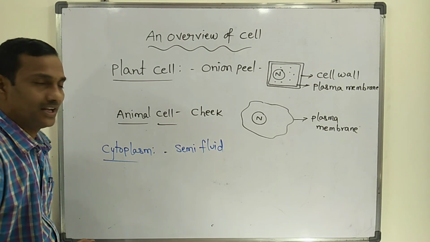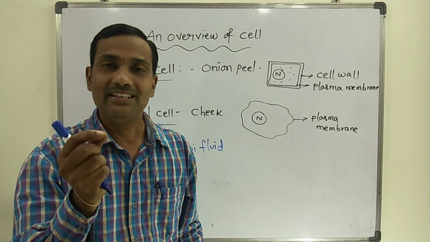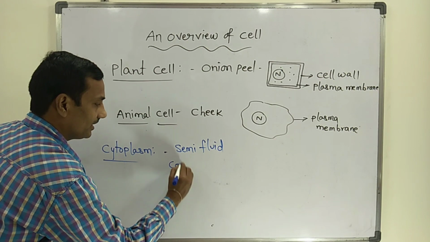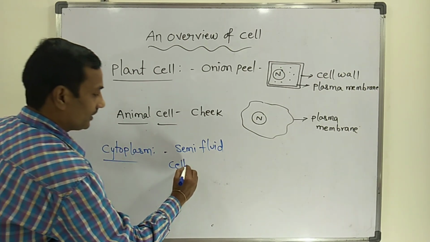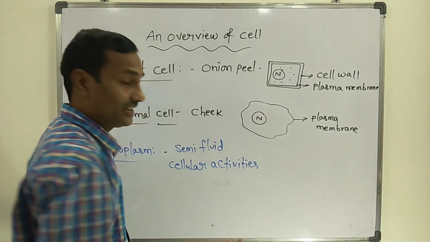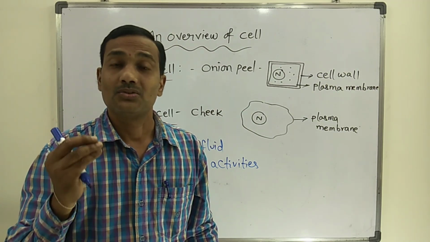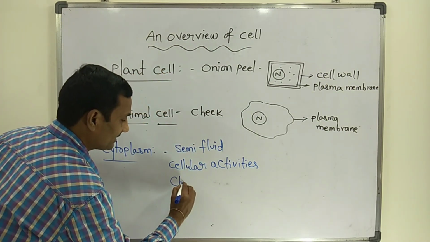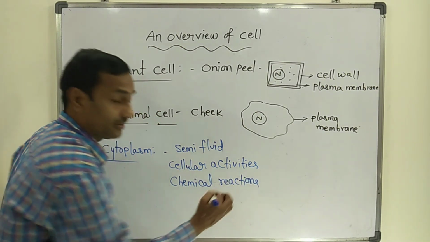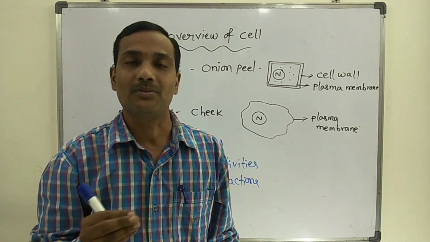The main important point about the cytoplasm is that it is the main center for cellular activities. What are the major events that occur in the cytoplasm? Various cellular activities occur in the cytoplasm of the cell. As well as many different types of chemical reactions, that may be anabolic or catabolic reactions, occur in the cytoplasm of the cell.